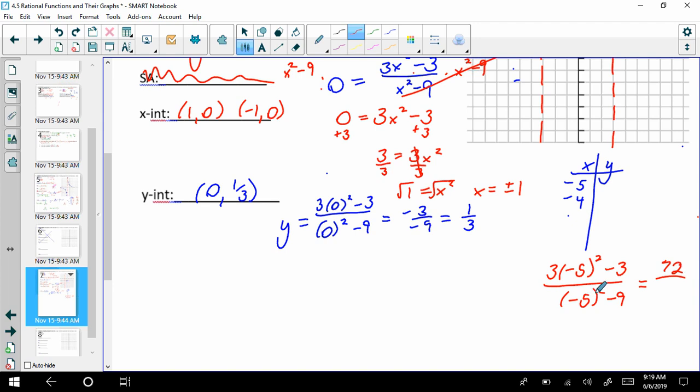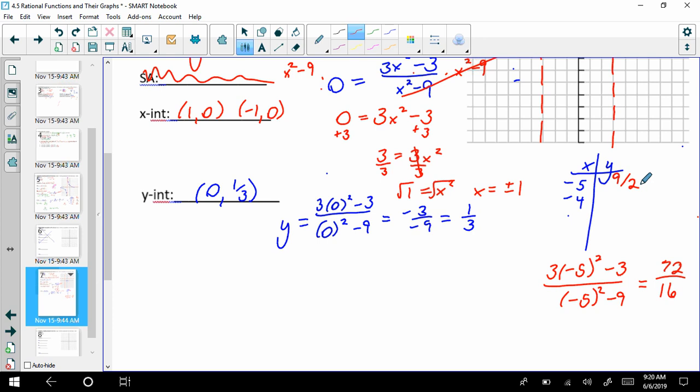On the bottom, negative 5 squared, 25. 25 minus 9, 16. I would like that fraction simplified. 8 will go into both. So after simplifying, the fraction becomes 9 over 2.